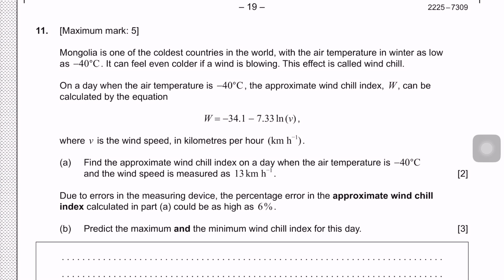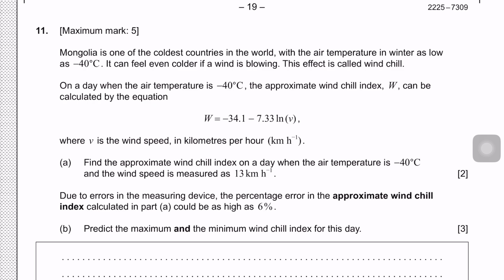All right, question 11, we have a 5-mark question. Mongolia is one of the coldest countries in the world, with the air temperature in winter as low as negative 40 degrees Celsius. It can feel even colder if a wind is blowing. This effect is called the wind chill.